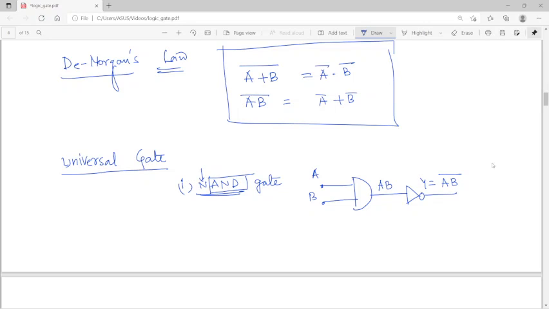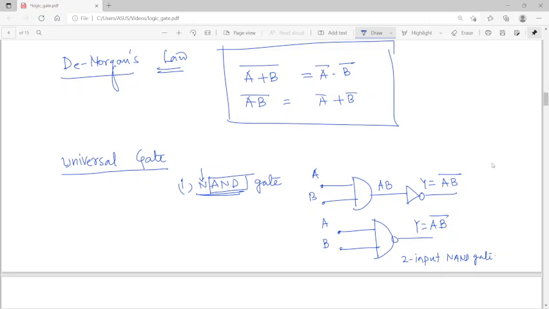That is nothing but the NAND gate. And the NAND gate is symbolically represented by this sign. That means if this is a two input NAND gate, then the output is AB bar.